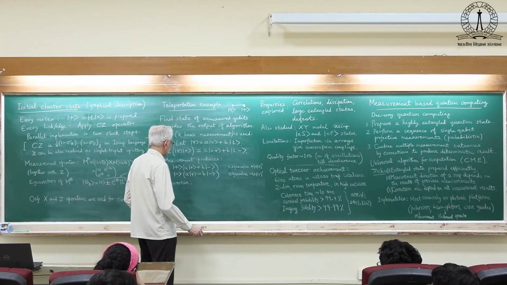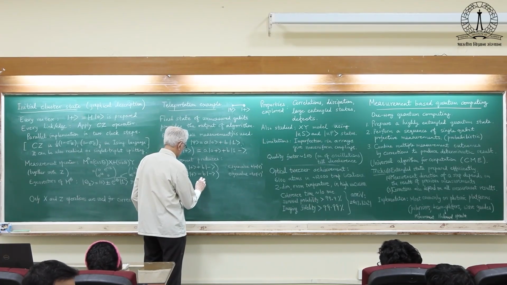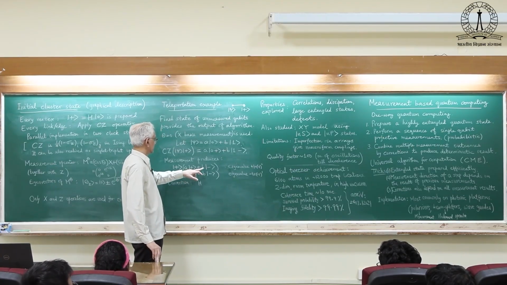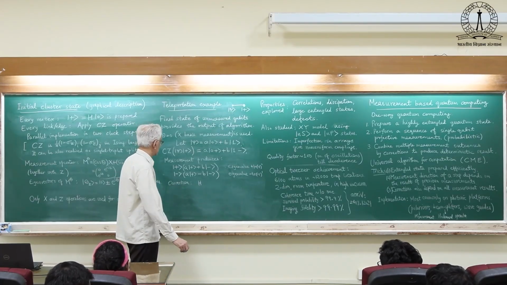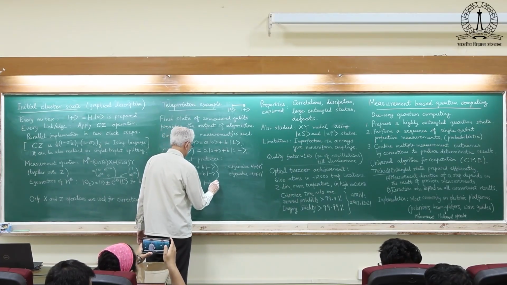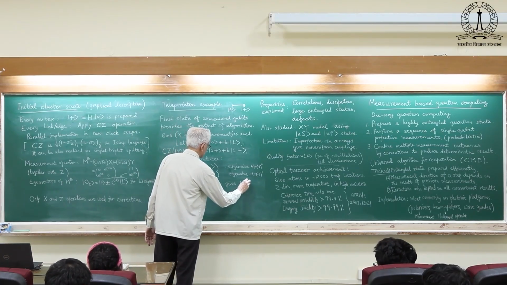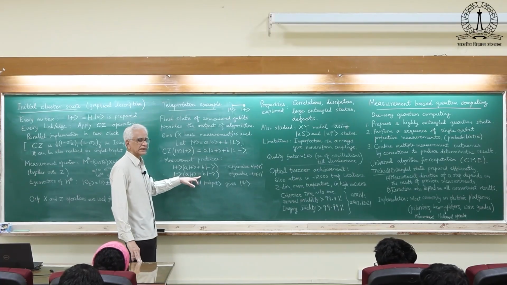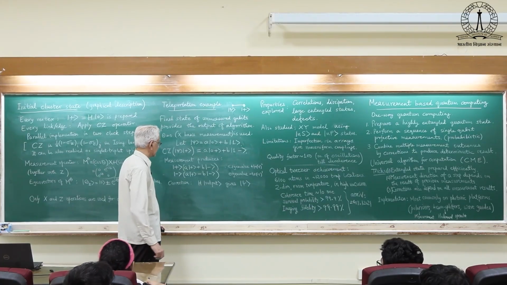Well, one part is easy, that I apply H, which will take plus to 0 and minus to 1. That was the usual rotation. So I will get a 0 and 1, but there is a wrong sign here. How do I get rid of that particular sign?